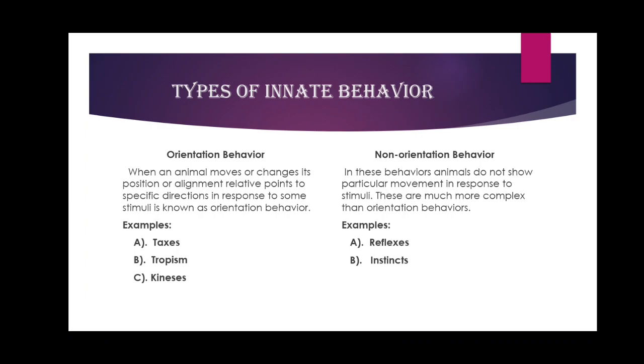Then the second type is kinesis, which is also a movement of an organism or a cell in response to a stimulus, but it is a non-directional or random movement, and its examples are insects and arthropods.